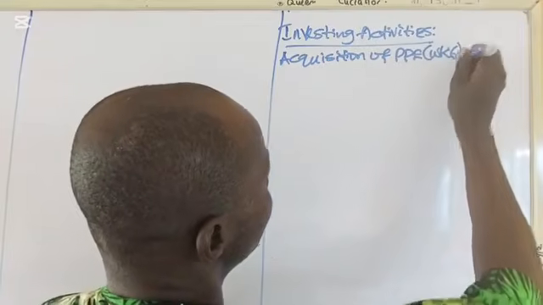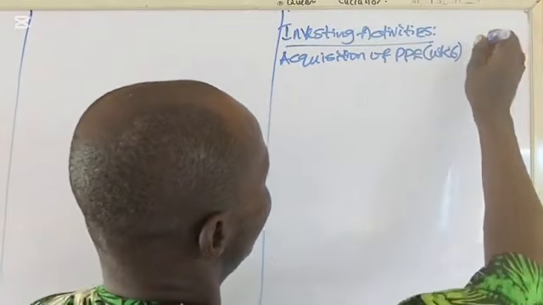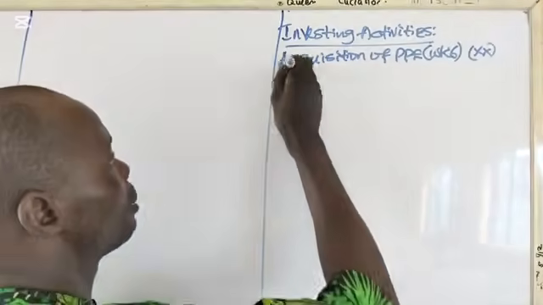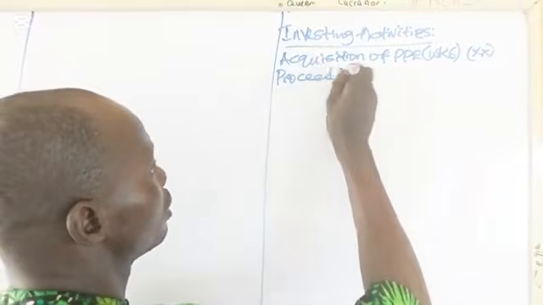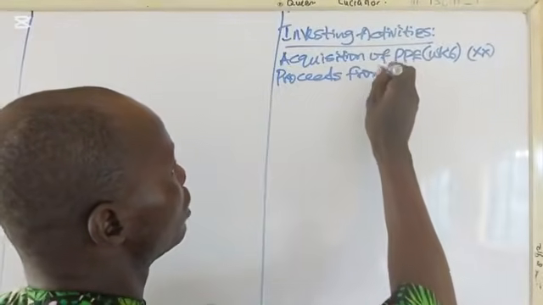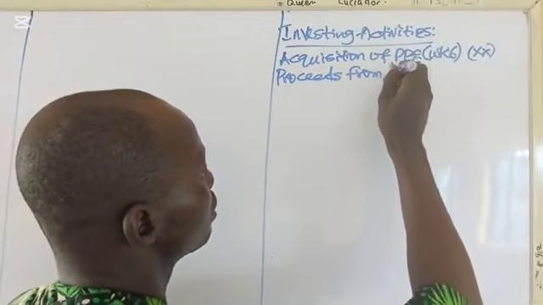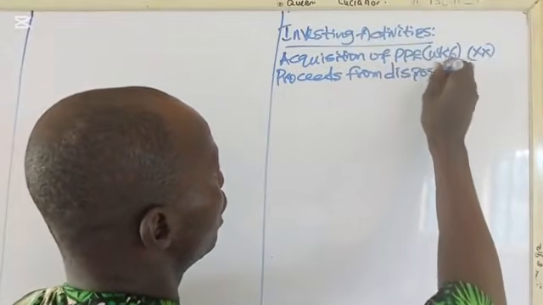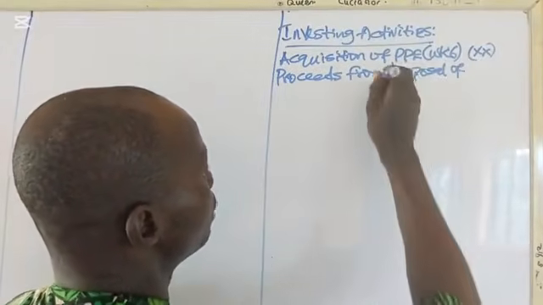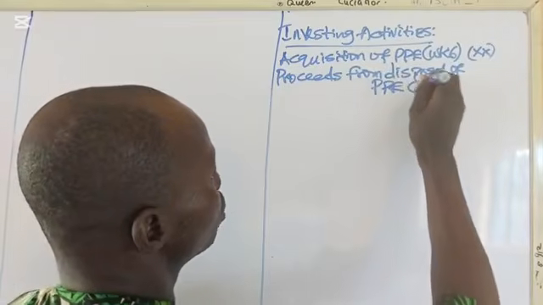Acquisition is an outflow. Then proceeds from disposal of PPE.